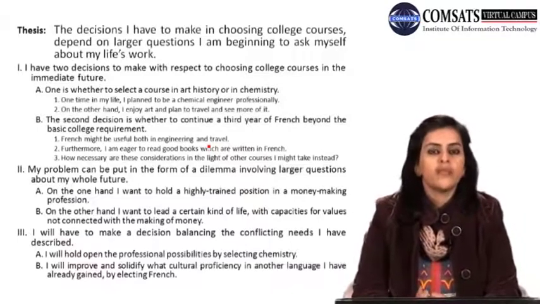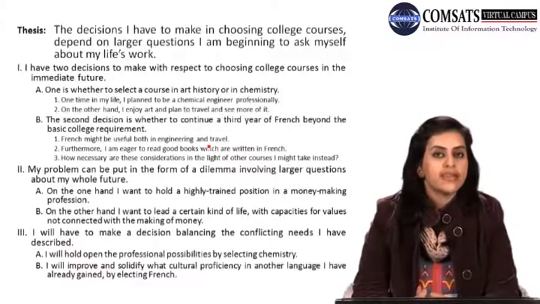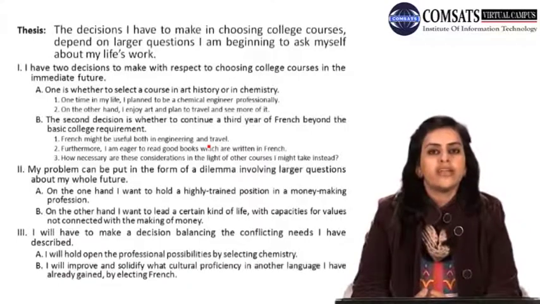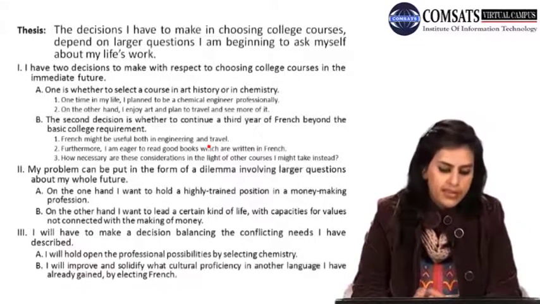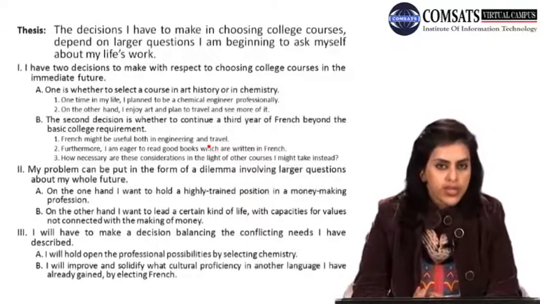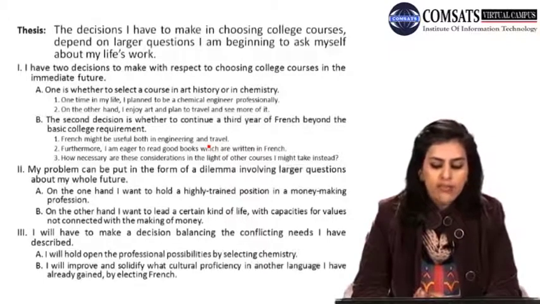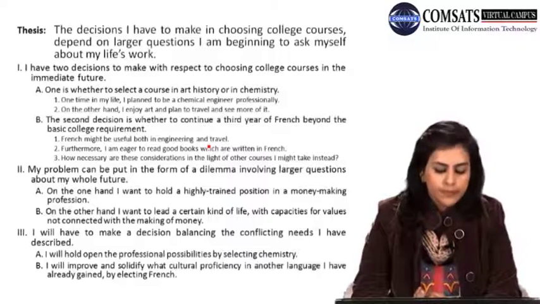Now if you see his point number 1, remember this is the sentence outline. He is writing complete sentences for everything, and each thought is being elaborated in the form of a sentence only. Now as you can see, number 1, that is written in capital Roman: I have 2 decisions to make with respect to choosing college courses in the immediate future.